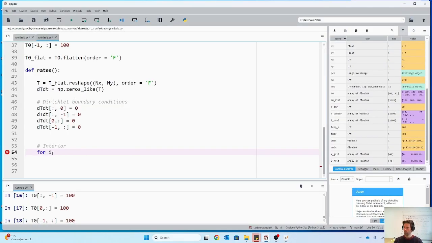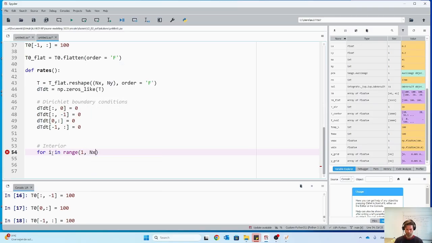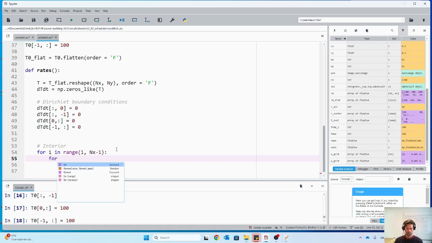So we will call the first indexing along the rows i, and it should go from index 1 to the last index, exclusive. And we do that by typing in this. Now we have to define the inner loop, and we will call the loop variable j in this case.